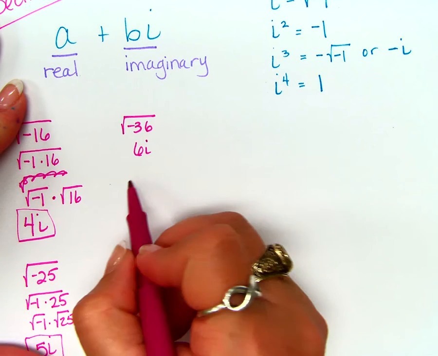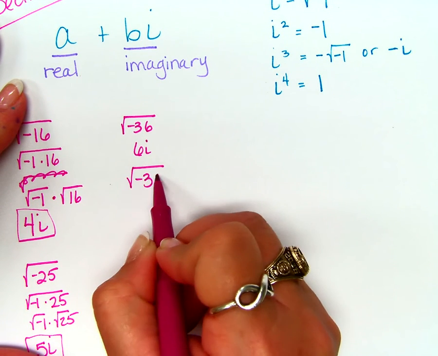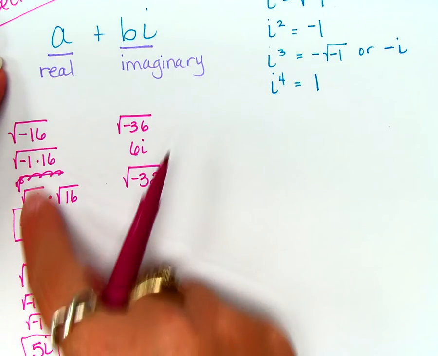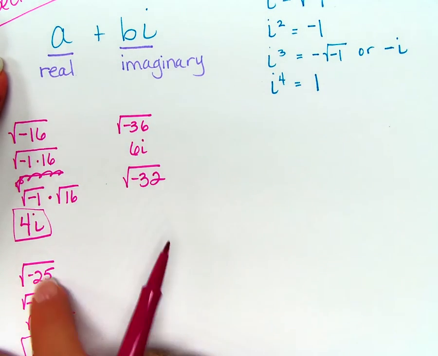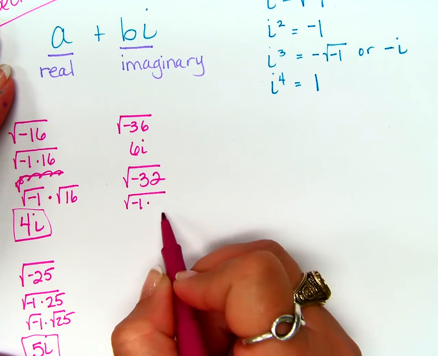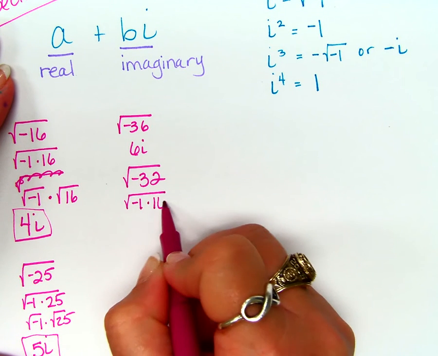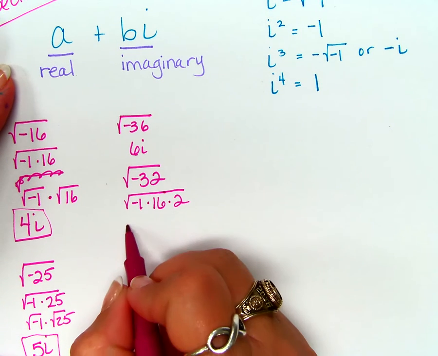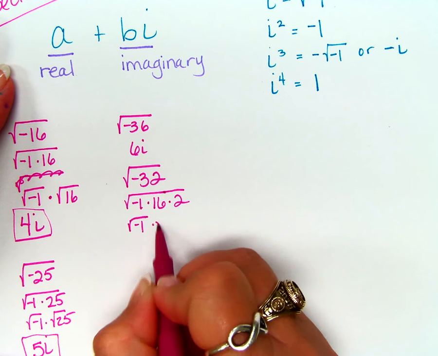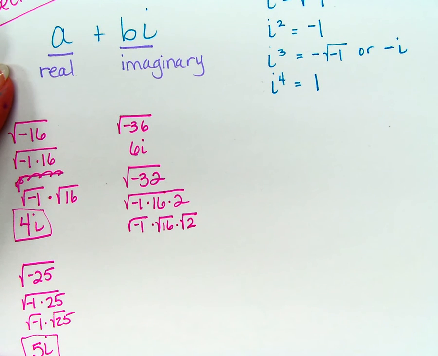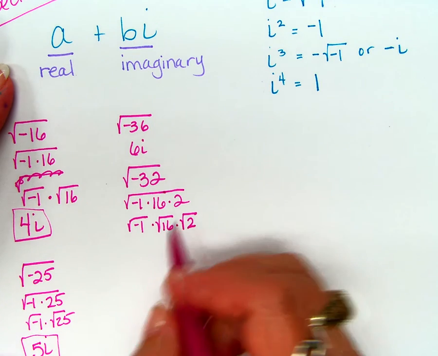The problem comes when this is what they ask you to do. Then it's really good to know this process right here, because when I break this apart, I get a negative 1 and 16 and 2. Do you know the square root of negative 1? i.